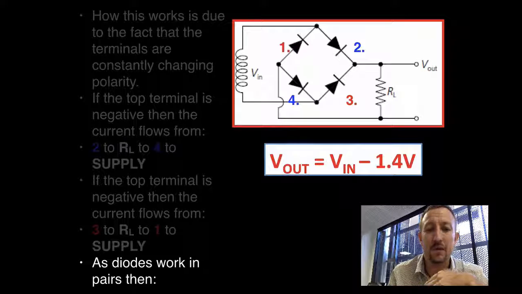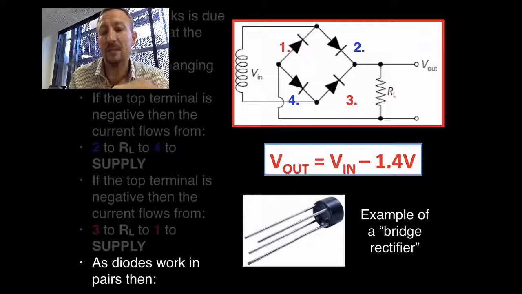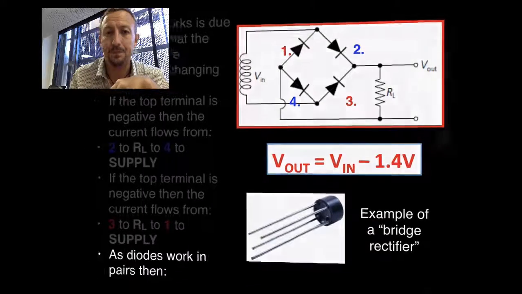And as diodes work in pairs, we'll have a drop in energy of 1.4 volts, basically because of the 0.7 per diode, and we've got 2 diodes used there, so we're going to get a drop of 1.4 volts. So we've got an example of a bridge rectifier as a component, which you can see here.